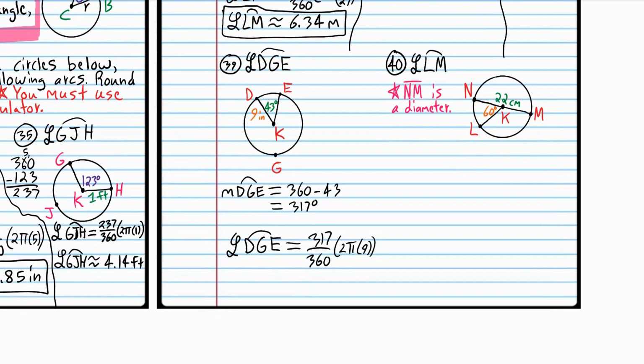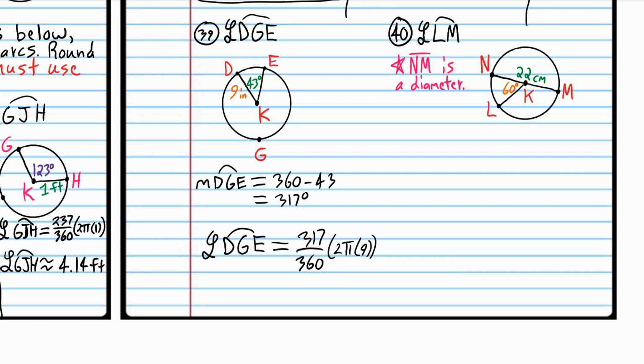And be sure that you're entering this properly in your calculator, because if you don't push those buttons in the correct order, you're going to have a lot of problems. 49.79 inches.